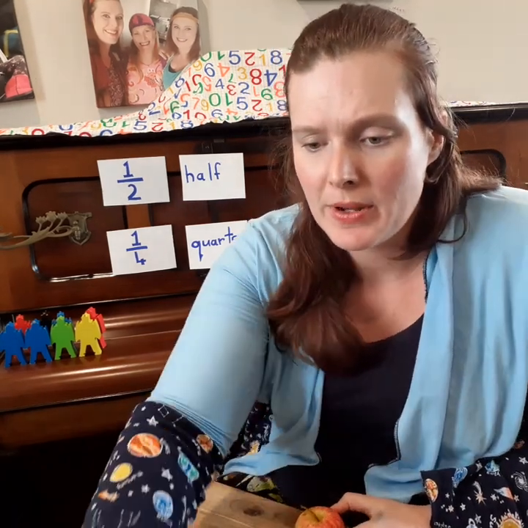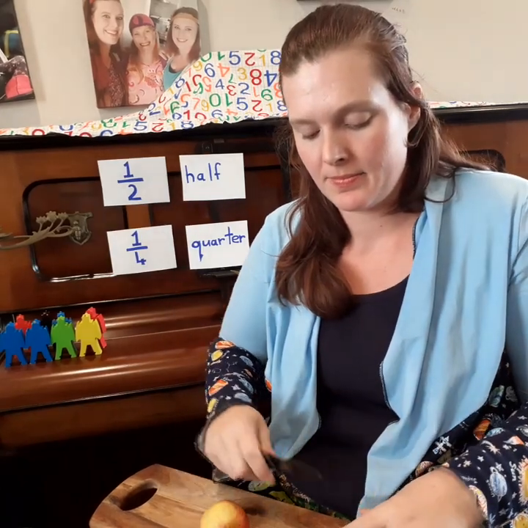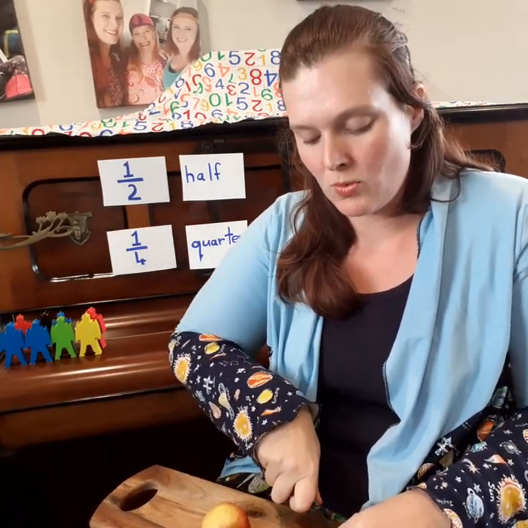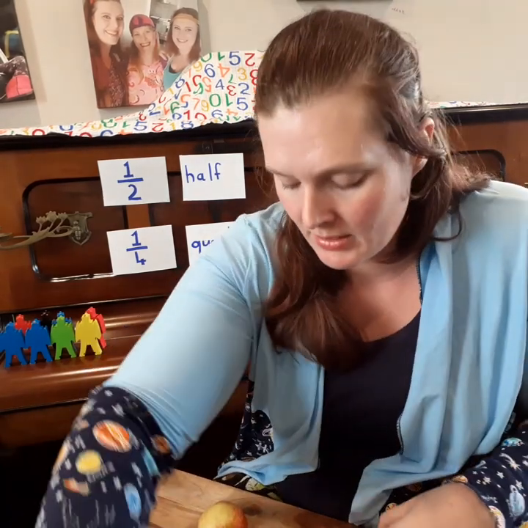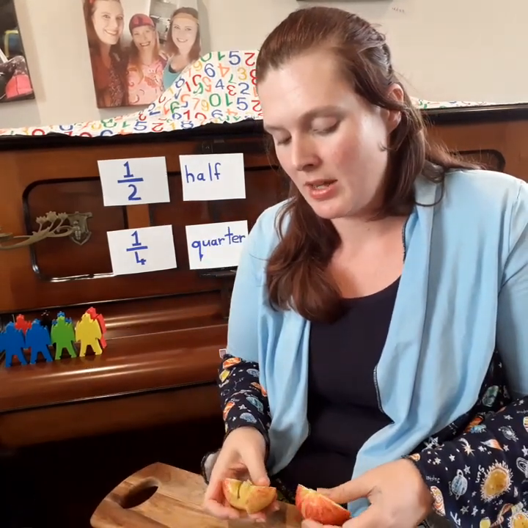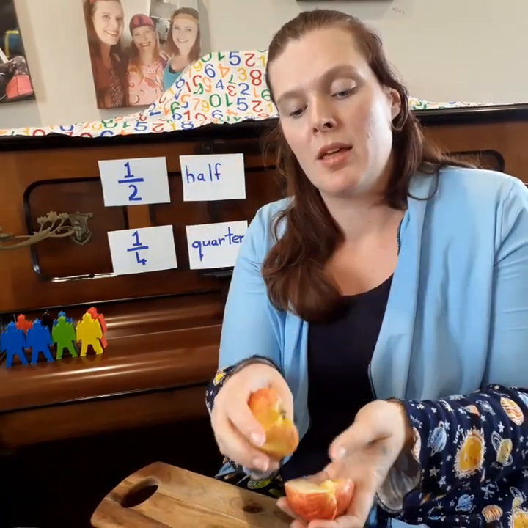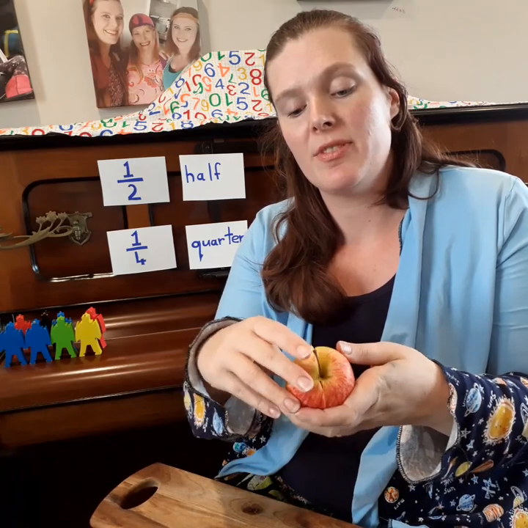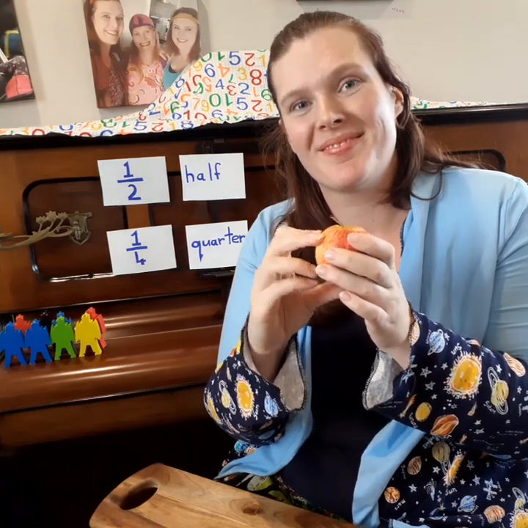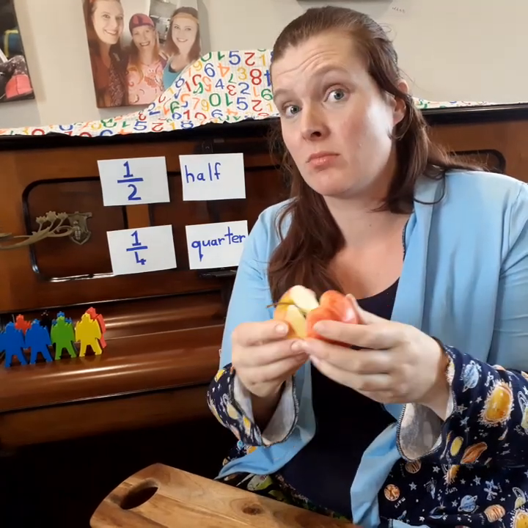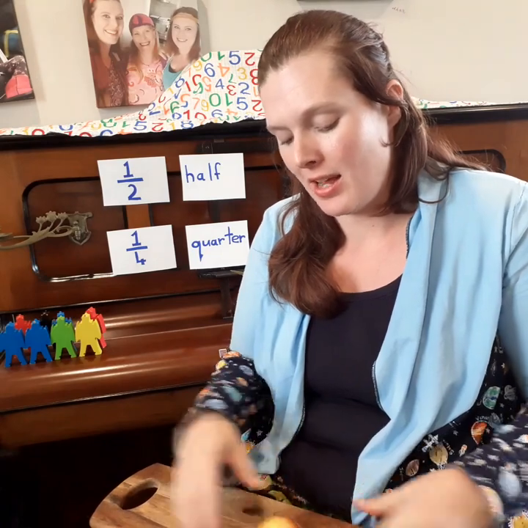So I am going to cut each of my pieces once more down the middle, and now I should have 4 equal pieces. So each of these pieces is 1/4 of the whole apple. Now it can be a little bit tricky. Put the apple away for now.